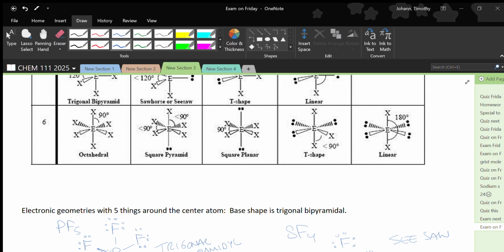We're just going to stick our lone pairs so they're as far away from each other as possible, so the lone pairs aren't bumping into each other. And so you just stick them anywhere, really, for the first one, because however I rotate it doesn't matter. For the second one, I'm going to put them across from each other, and for the third one, put them across from each other as far as possible. Okay. So let's go and do some of these.